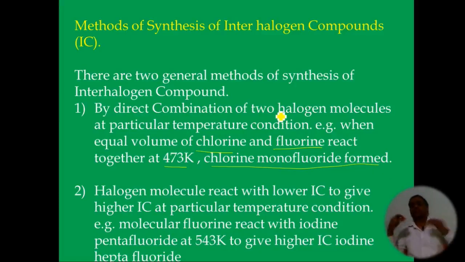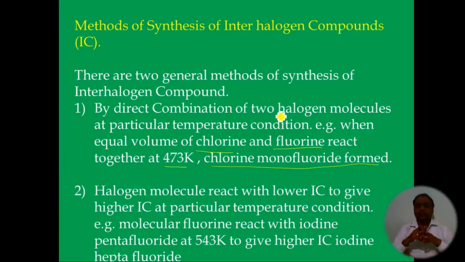That means simply you have to mix two halogen compounds and heat them in a vessel. You will get monohalides or monofluorides, monochlorides, etc.